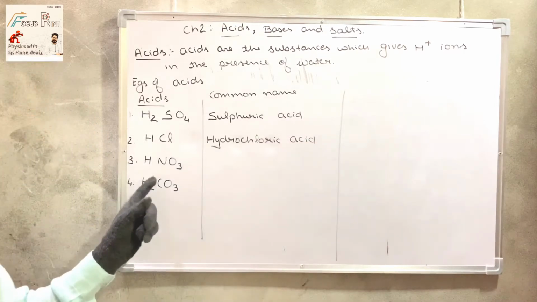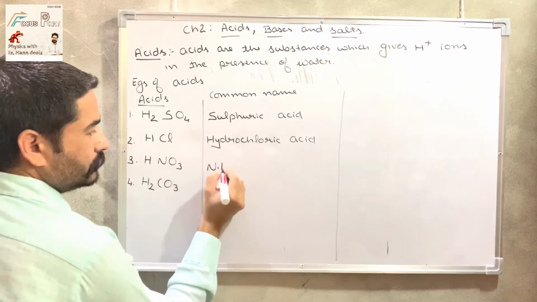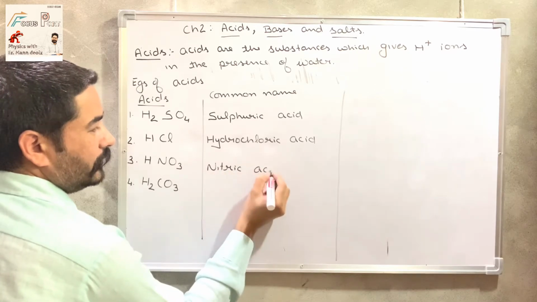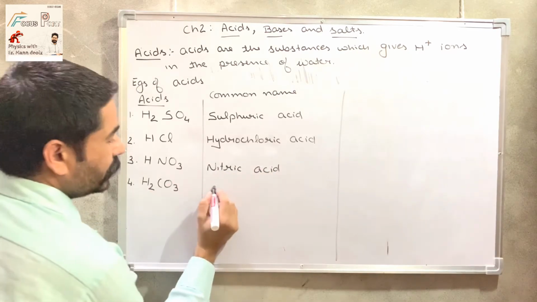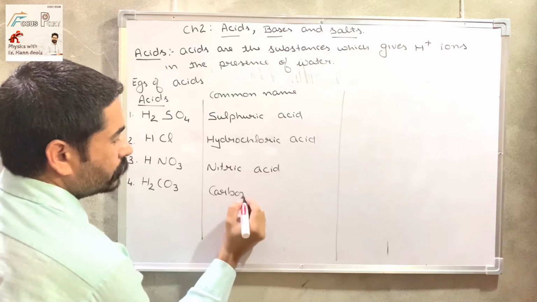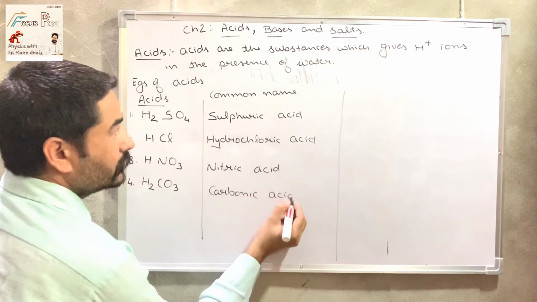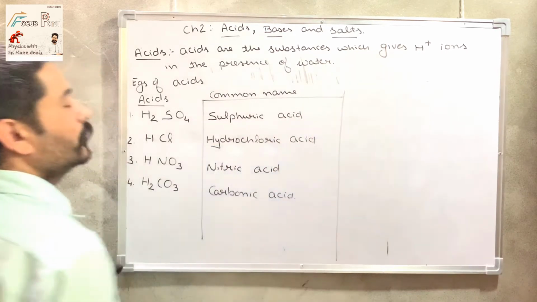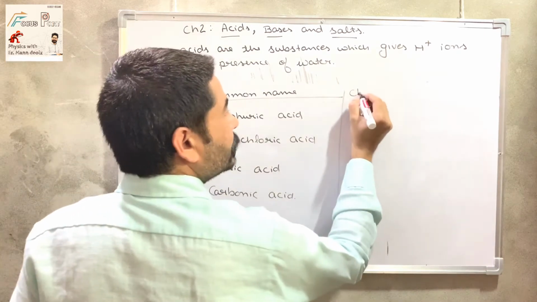And in the same way, this is nitric acid, and this is carbonic acid. This is its common name. Then let's write its chemical name.